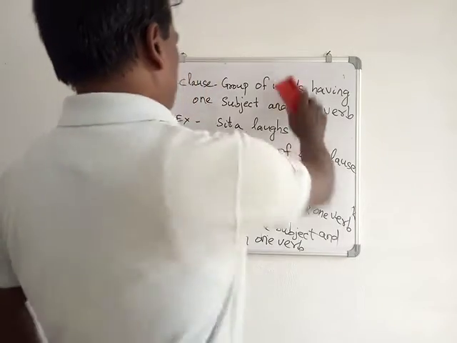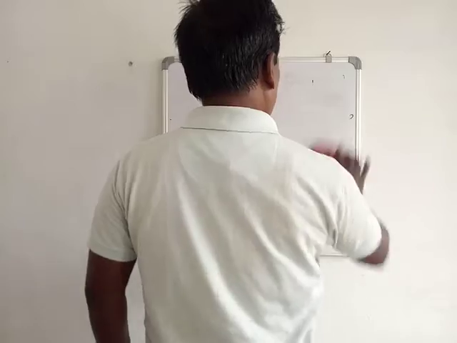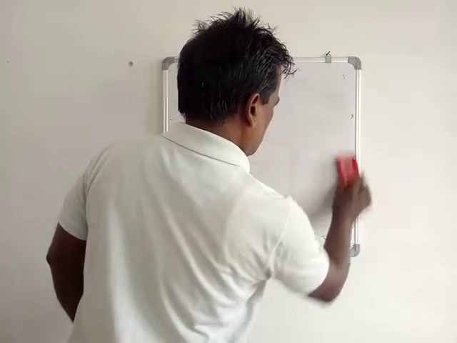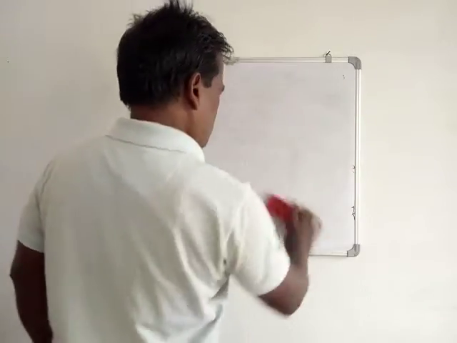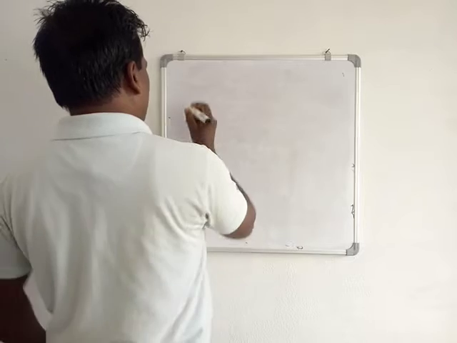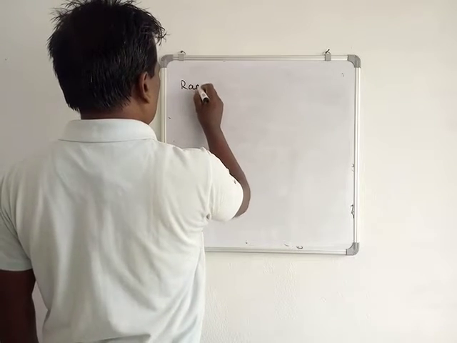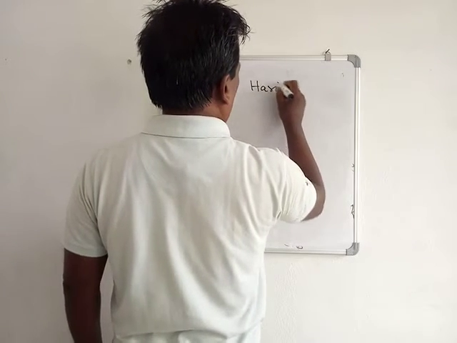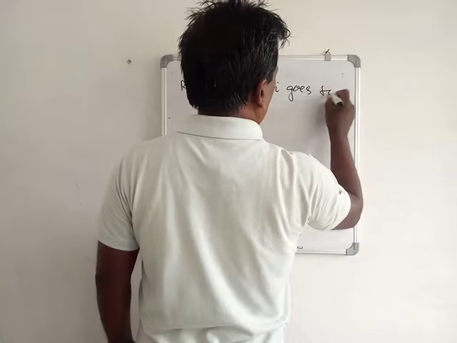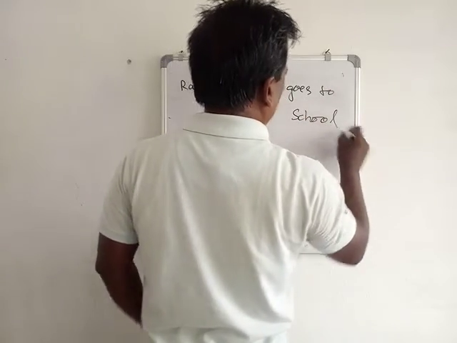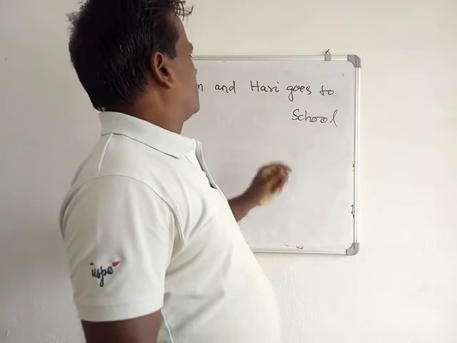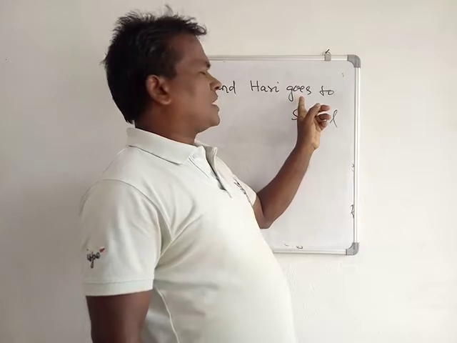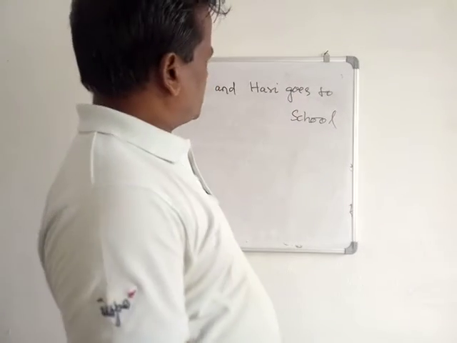Let's go further. Let us take an example. Rama and Hari goes to school. In this sentence, there are two subjects, one is Rama and another is Hari. But there is one verb, goes. Is it a sentence? Yes.